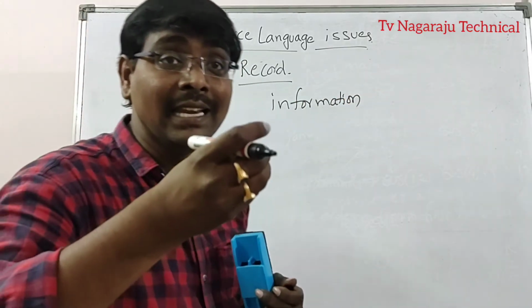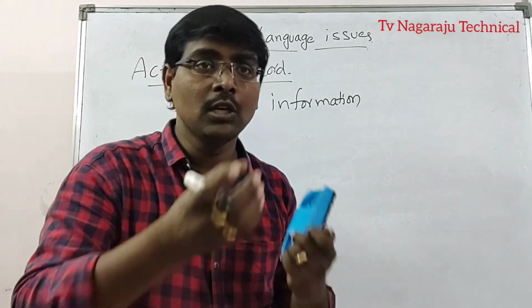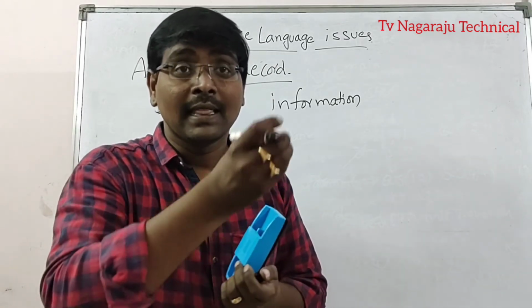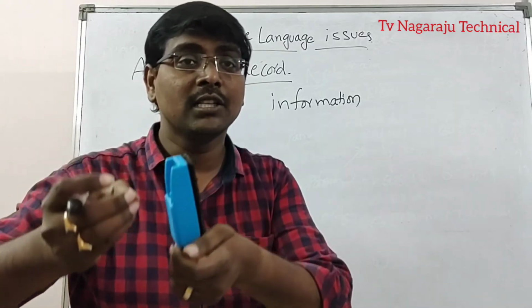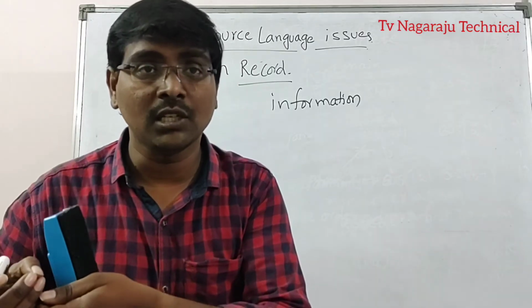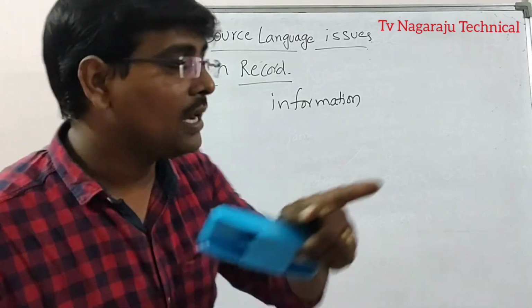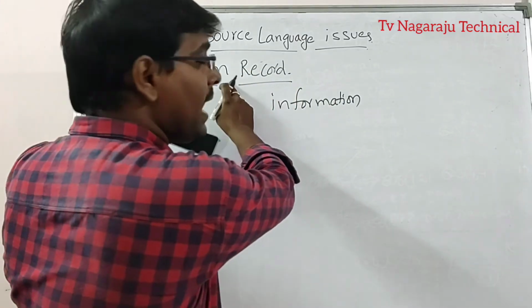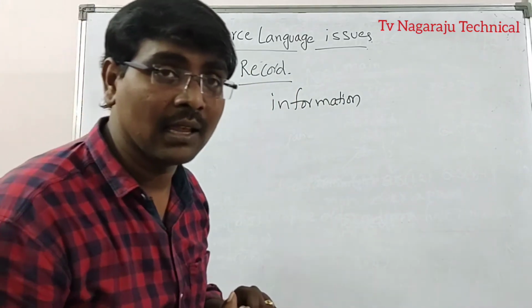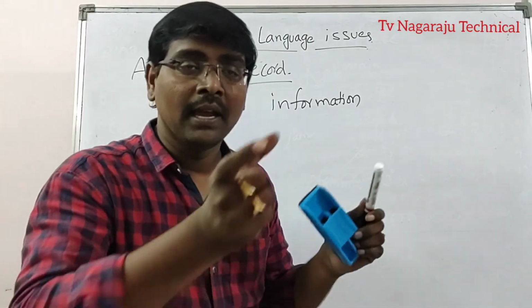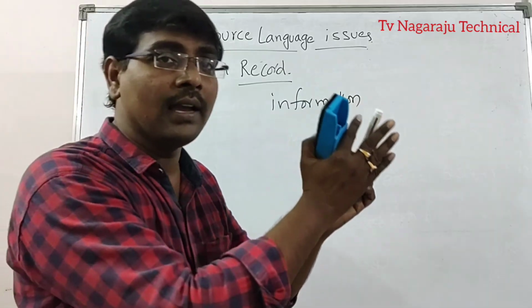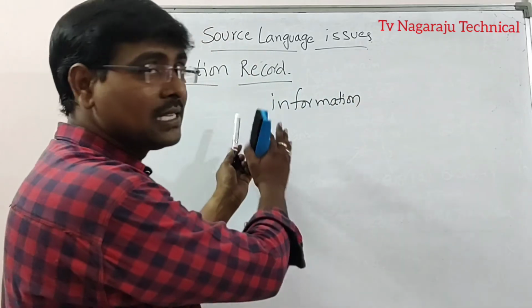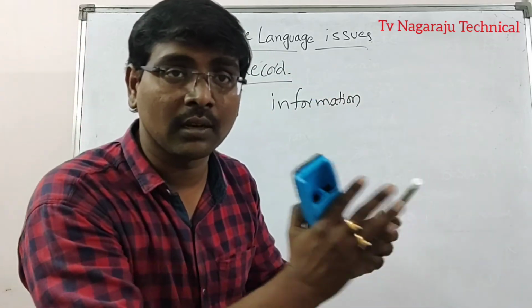Now, during execution, some information is needed. The information needed by the execution of the procedure is managed by using the activation record. Clear the point? Simply, the activation record supplies all the information that is needed for execution.